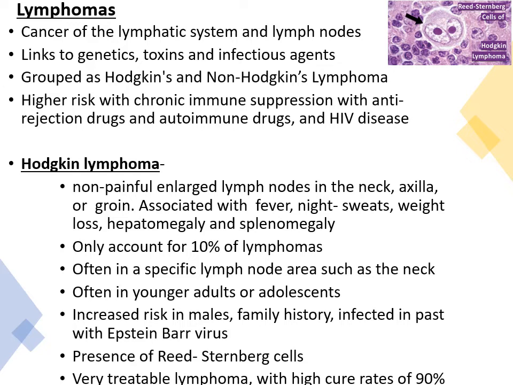And when we check them, they'll often have an enlarged spleen or enlarged liver because the cancerous cells are also involving the liver and the spleen. Okay, so this accounts for only about 1/10 of lymphomas. Most of them are non-Hodgkin's lymphoma. Okay, so as I mentioned, this is typically in younger adults, in adolescents.